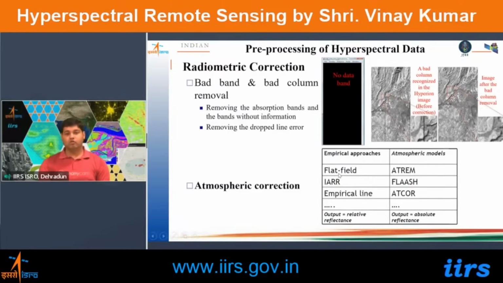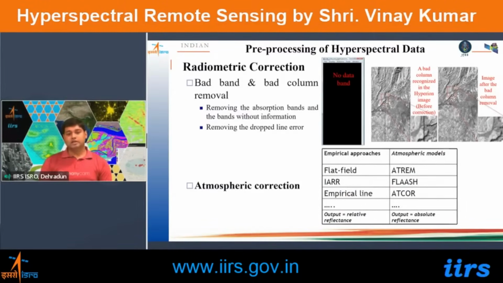Flat field is when we have radiance data and we have to identify some flat areas, like barren or bare land, which is highly reflective. We consider the average of those pixels of that flat field, and divide each and every pixel by it. That is flat field correction.